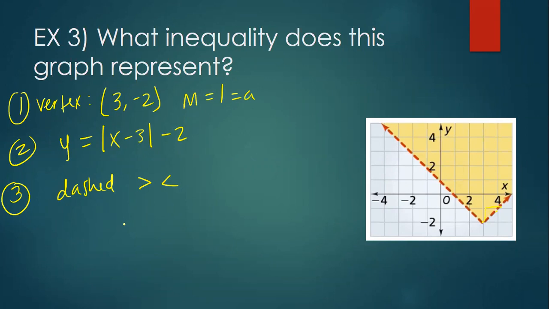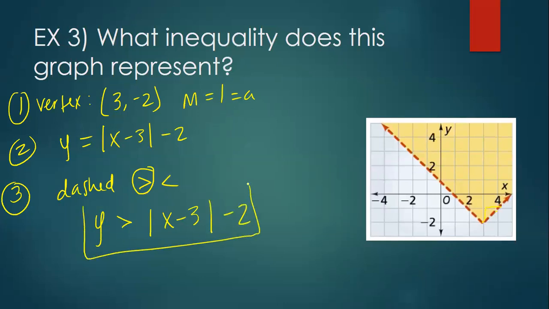And so then you ask yourself, is it shaded above the V or below the V? Above. So which inequality am I using? Greater than. And now all I have to do is replace my equality with the inequality. So we have y is greater than the absolute value of x minus 3 minus 2. And bam.